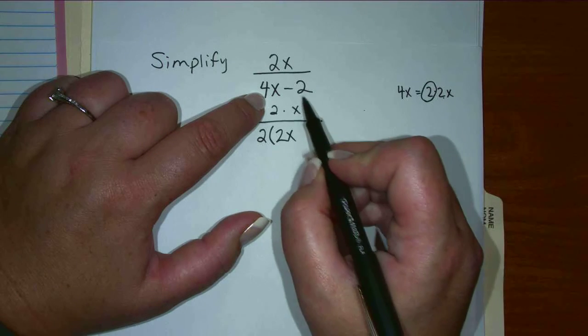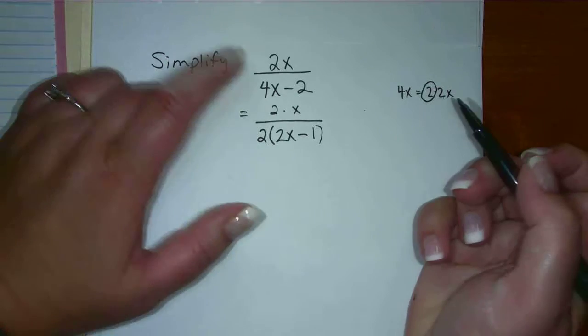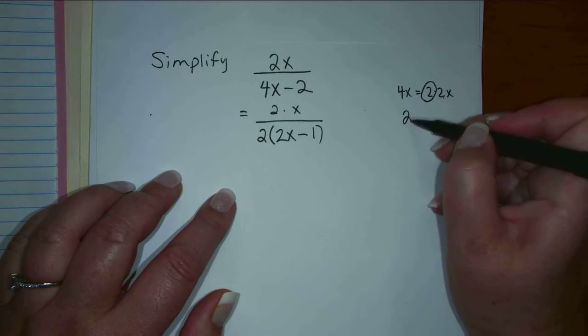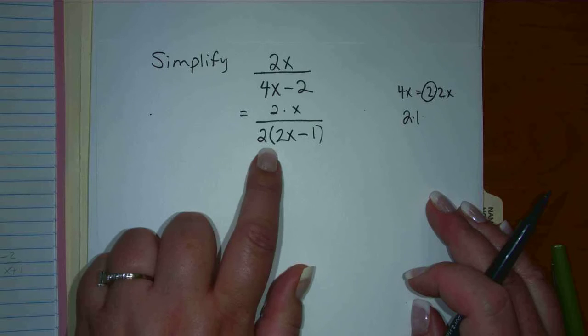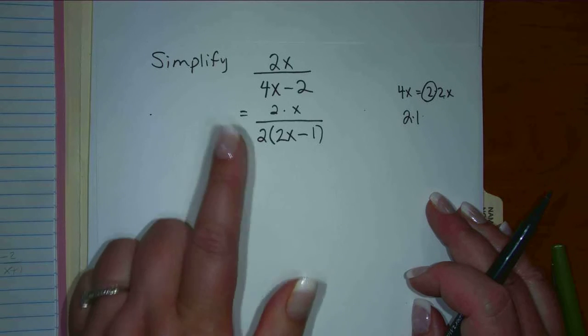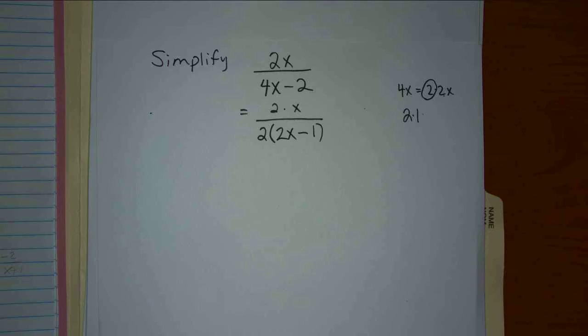Here, if we take out the whole 2, what are we left with? 1, never 0, right? Because if we take out a 2, that's a 2 times 1, so you're left with 1. Now, is there a 2 multiplied on top and on bottom? Yes, and that's when you can cancel.